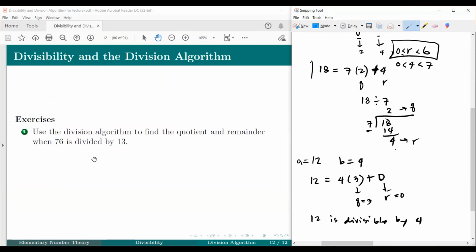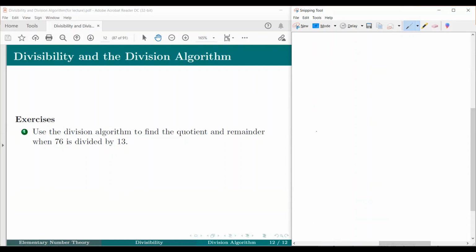So let's use the division algorithm to find the quotient and remainder when 76 is divided by 13. So we have here A is 76 and B is 13.